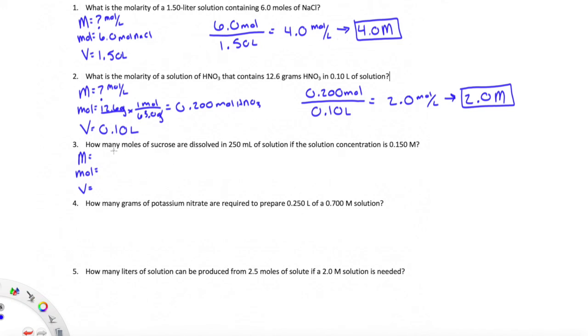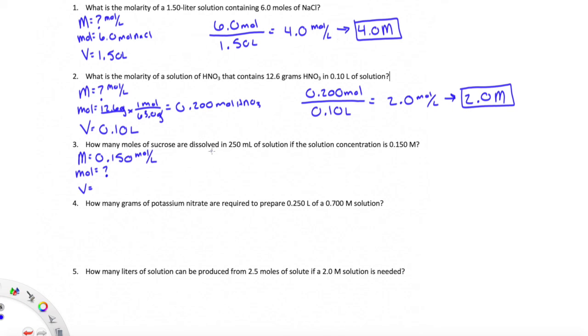So it's telling me what the molarity is, so I'm going to write 0.150, and I'm just going to go ahead and write out the units the long way, moles per liter. And it's asking me to calculate moles, so that's going to be my question mark.